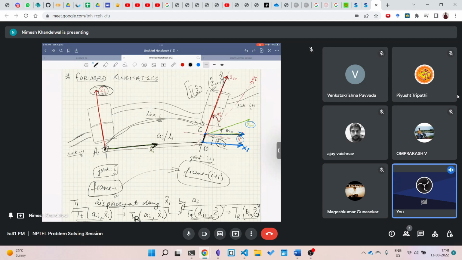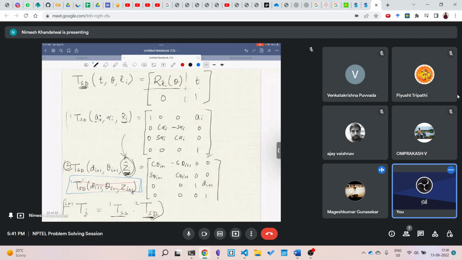I had moved this axis by ai, and then I had rotated this axis by alpha i. Now at this new position I am doing this translation and rotation. Since it is along the new axis every time, that is why there is post multiplication.